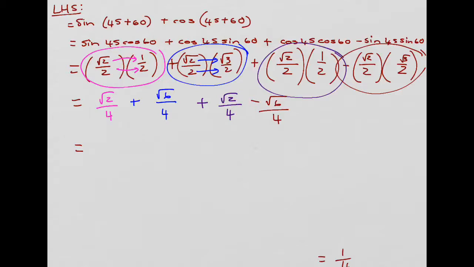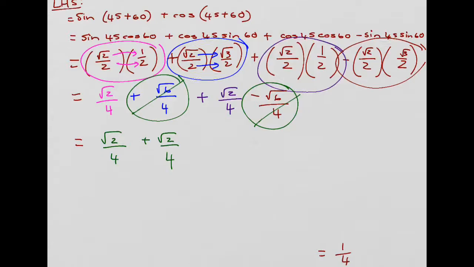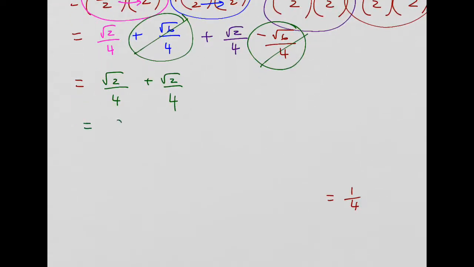So then we end up with two like terms here. So when we're working with the root 6 minus root 6 over 4, that's going to cancel out. So then all we're going to be left with is root 2 over 4 plus root 2 over 4, which means then we are going to have 2 root 2's all over 4, which then simplifies to root 2 over 2.